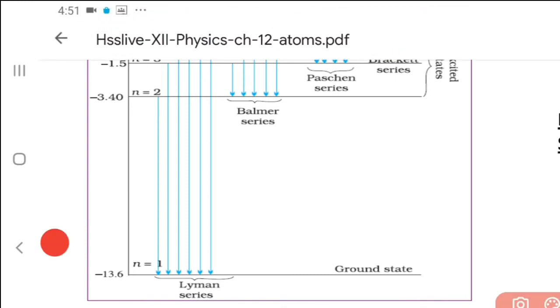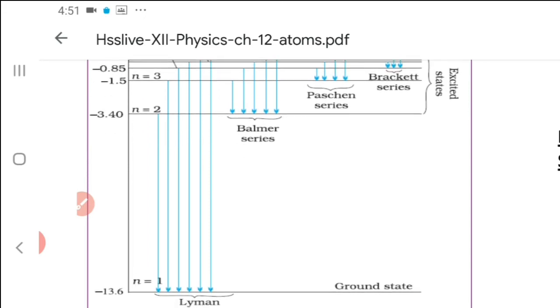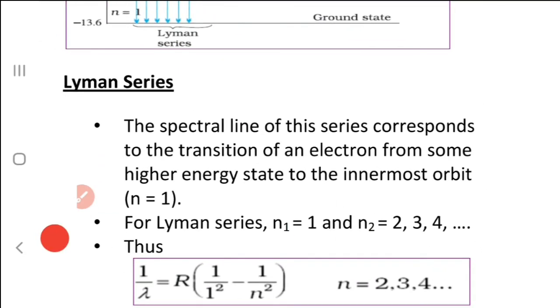That means the ground state, and we have a set of spectral lines called the Lyman series. The transitions from n = 2, n = 3, n = 4, etc. to the n = 1 level correspond to the spectral series called the Lyman series.